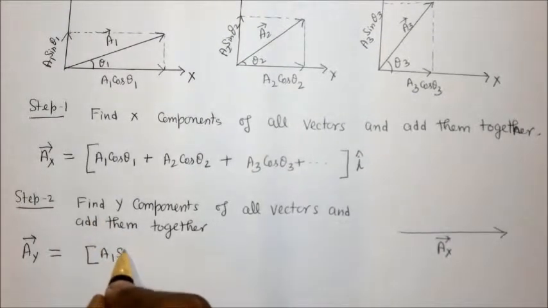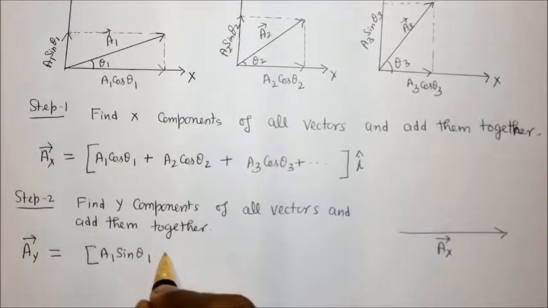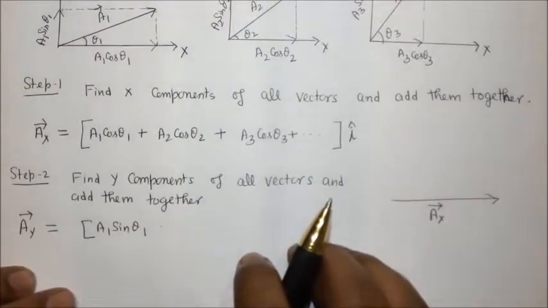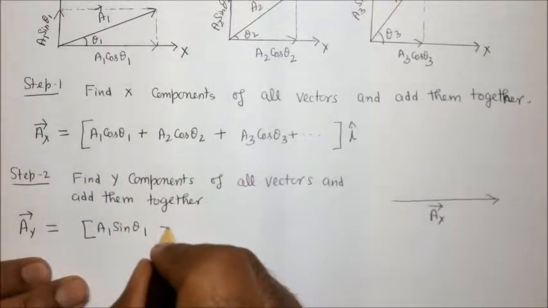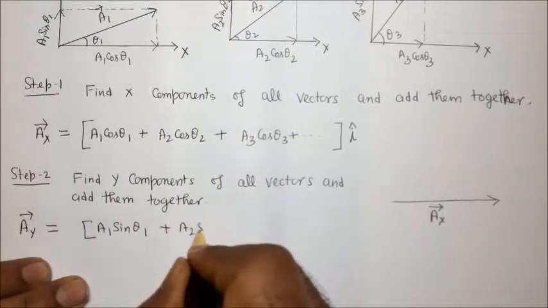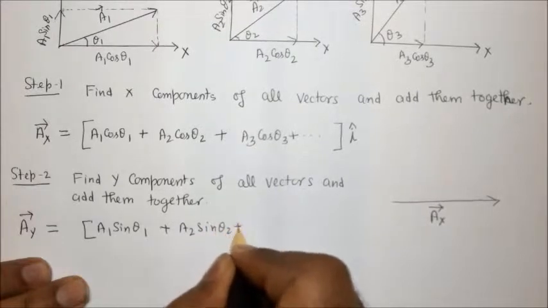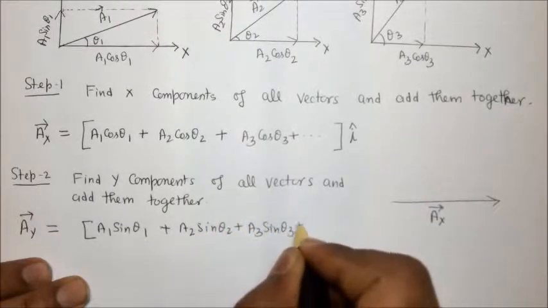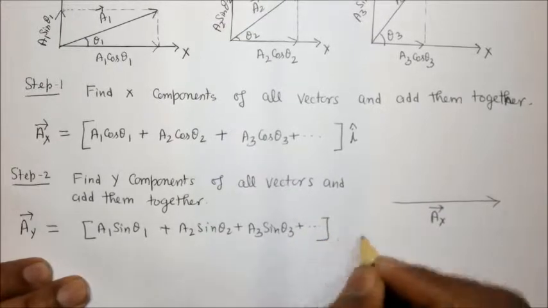A1 sine theta 1 plus A2 sine theta 2 plus A3 sine theta 3, plus more if you have them.